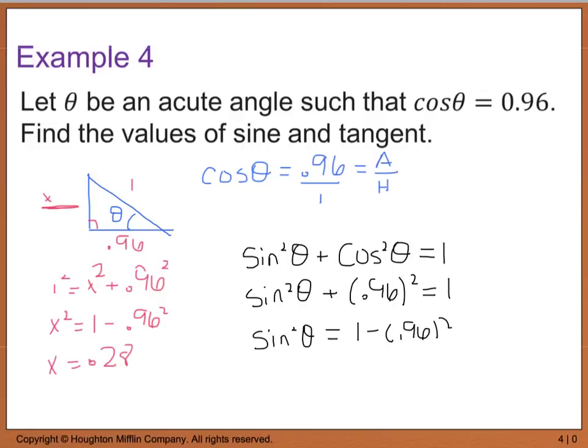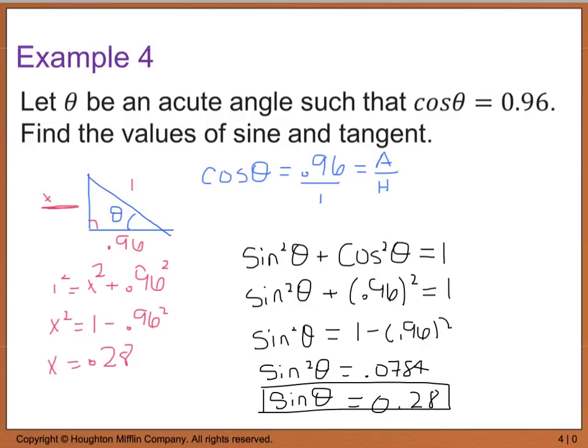So when I do this, I end up with the sine squared of theta being approximately equal to 0.0784. So if I take the square root of both sides, I end up with sine theta equals 0.28.